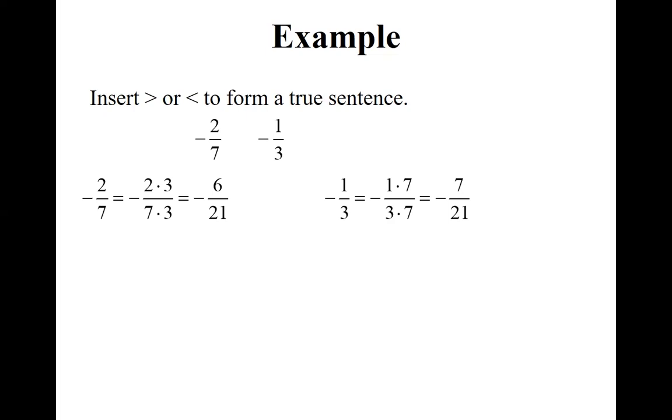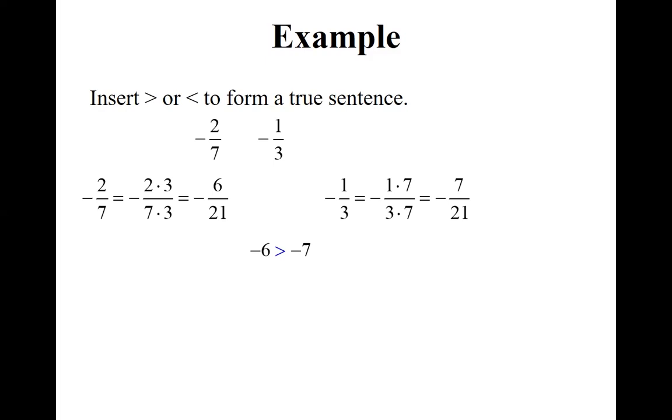To get -1/3 there, 3 times 7 is needed to get to 21. So 1 times 7 is 7, -7/21. So we're comparing -6/21 to -7/21, which means we're comparing -6 to -7. And -6 is greater than -7. -6 falls to the right of -7 on a number line.